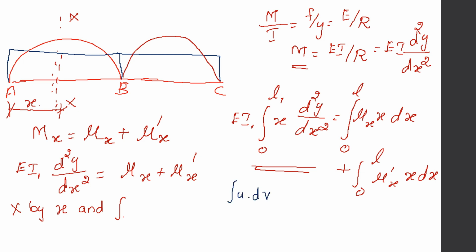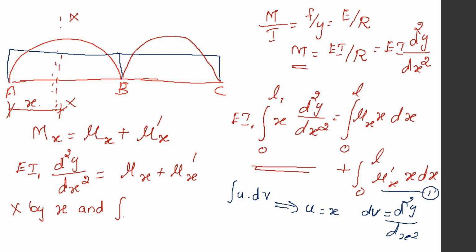Now this equation is of the form integration of u dv. So our u is taken as x and dv is taken as d²y by dx², and we will take this equation as equation number 1.